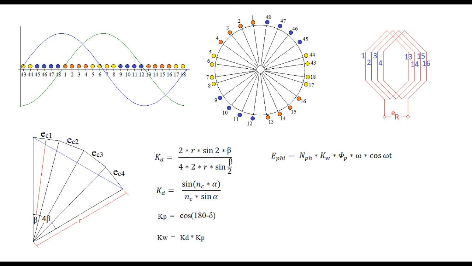This EMF is an EMF induced in any one of the phases and is represented by a sinusoidal graph as shown on slide with green color. The flux responsible for producing this EMF is shown on graph with blue color. Since we are considering the synchronous machine as alternator, magnetic field is a cause and induced EMF is the effect.